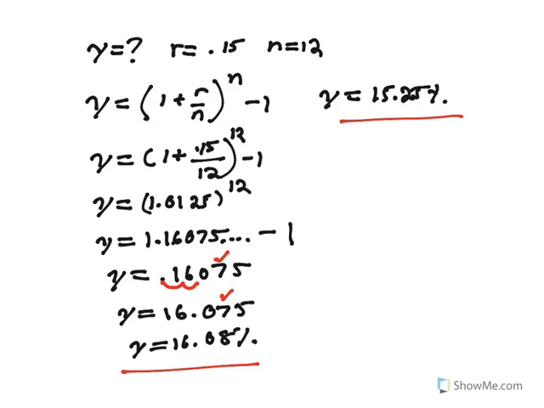is 15.25%, and the first investment, 15% compounded monthly, is the better investment because the effective annual yield for the first investment is higher than the effective annual yield for the second. Okay, so the first one we did was 16.08, and that was compounded monthly, okay?